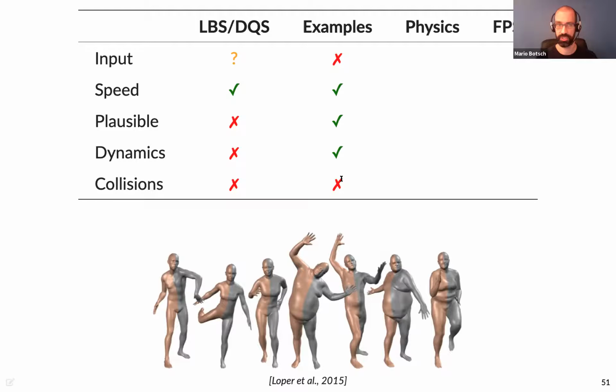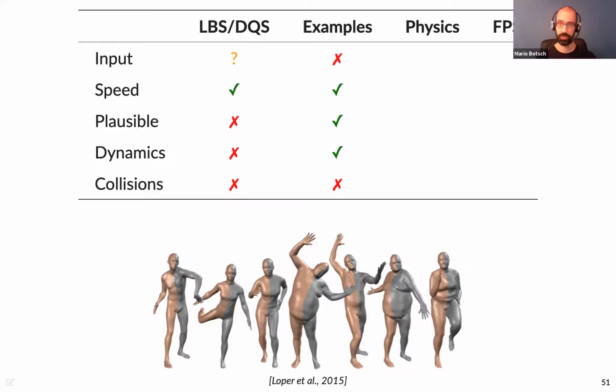You don't get collisions, but the biggest problem is on the input side, because you need training data. And here this means you have to scan people in motion. The setup that I showed you before is not super simple, it's like 50 DSLR cameras. Replace this by video cameras, then you get lots of data and the processing becomes much harder. So this is a problem when you want to train one of these models yourself.